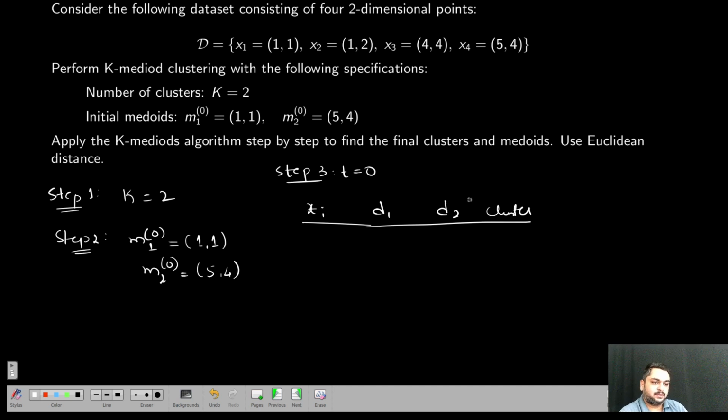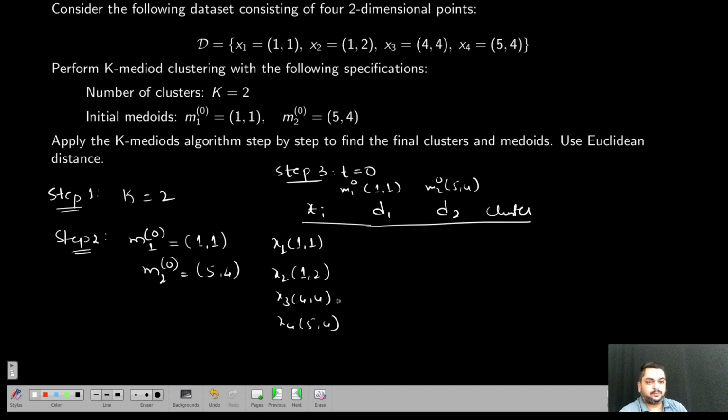For example, I have taken x1 as (1, 1), x2 as (1, 2), x3 as (4, 4), and x4 as (5, 4). And here the Medoids are assumed as m1 is (1, 1) and m2 is (5, 4).